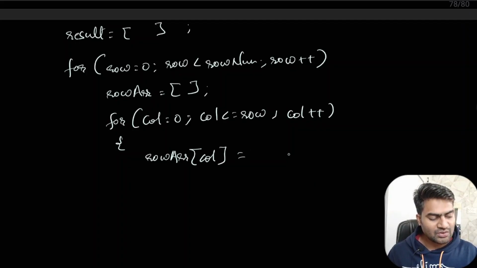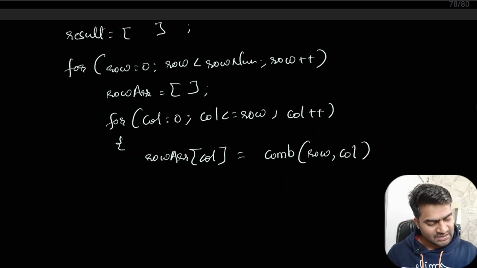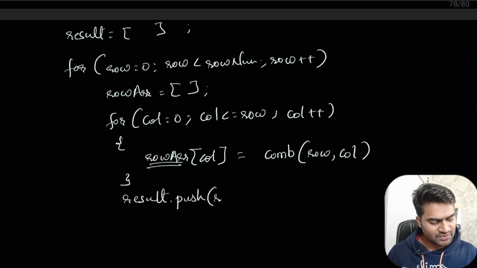It will be equal to, we will have to apply this NCR formula. So for that, I will say combination. This is a method which takes n value comma r value. For us, n is nothing but our row here, and r is nothing but our column, so I will pass those. Then finally I will push this particular row array to our result, so push of row array.